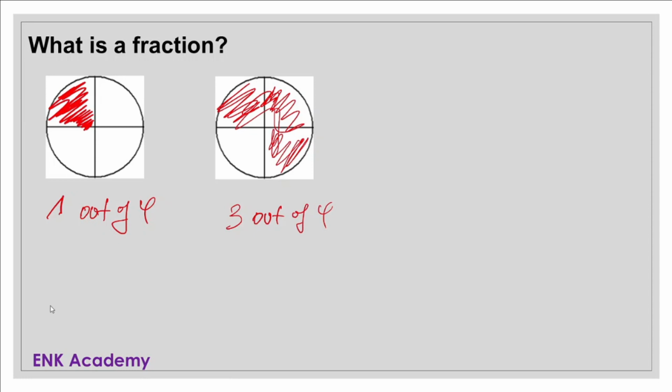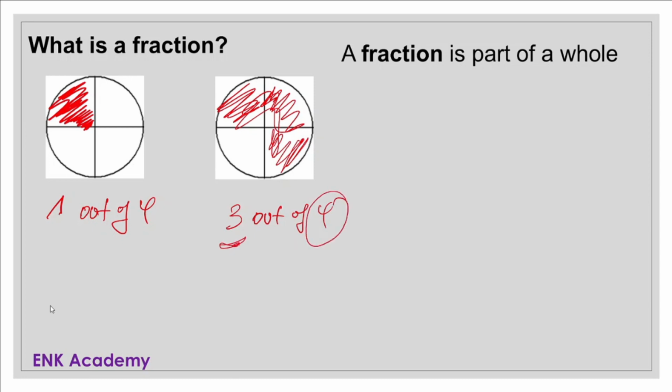And this is how a fraction is defined. A fraction is part of a whole. So you take part of the whole which is divided in equal parts. But it can also be part of a region or part of a group.